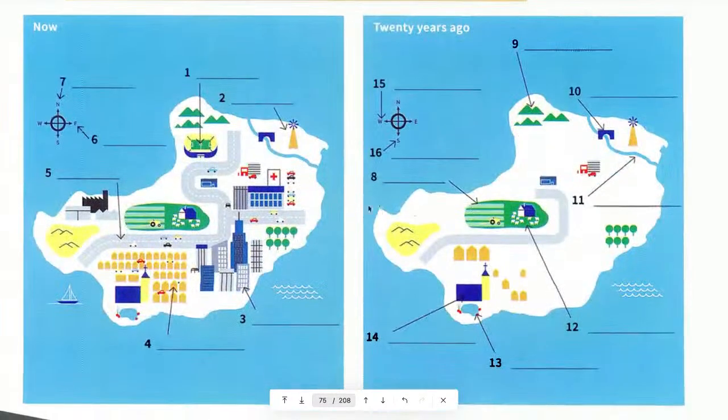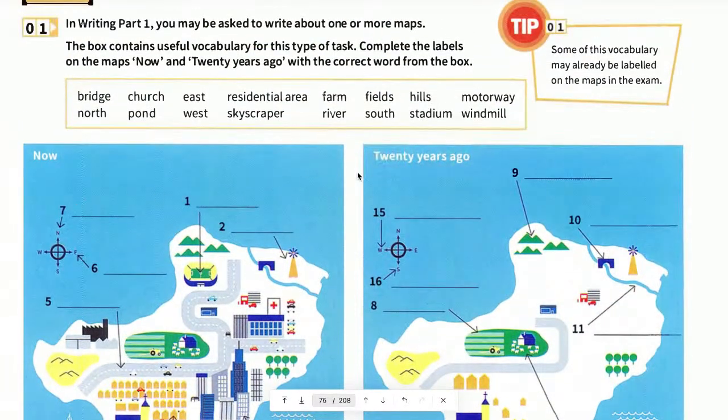Normally you will see 2 maps like this, okay? One like now and the other one 20 years ago, or maybe 20 years later. It really depends. Now the box contains useful vocabulary for this type of task.